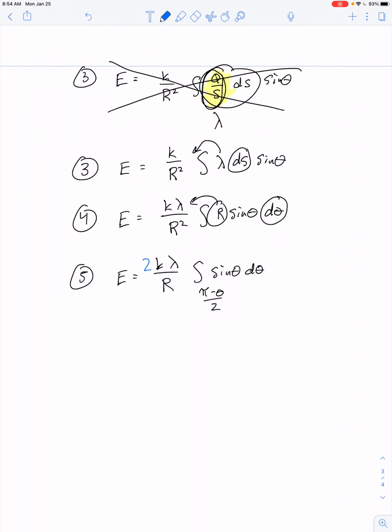Let me color code this. Maybe you review these notes again and realize that that 2 needs an explanation, so we'll make that stand out a little bit. Okay, so upper limit is pi over 2 as long as we include this 2 here.